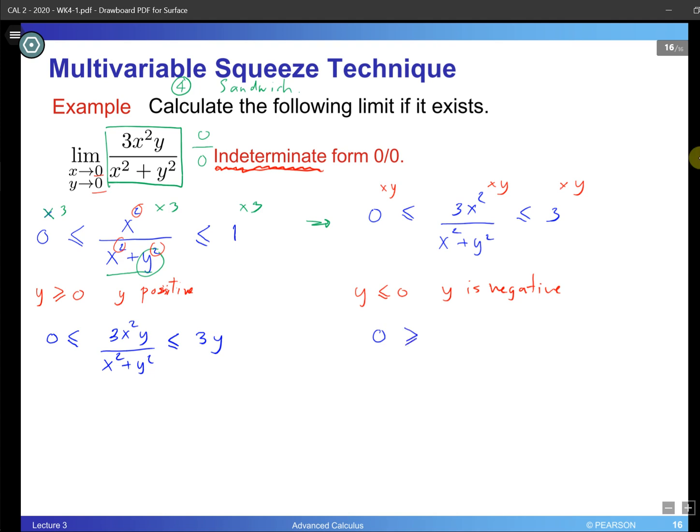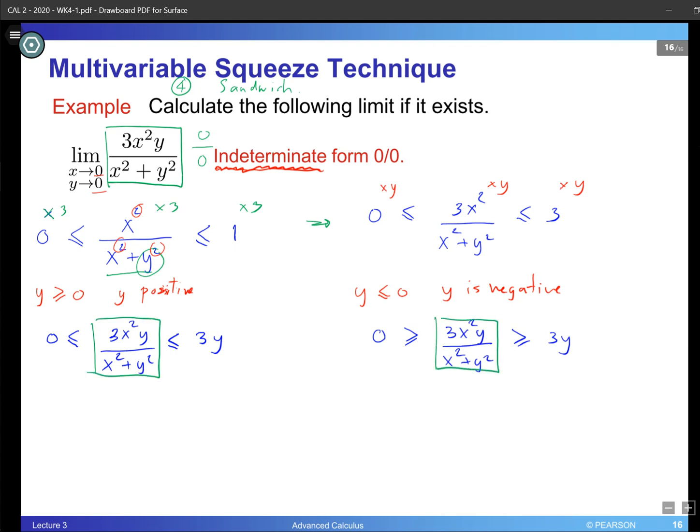And in the middle is going to be the same, 3x squared y divided by x squared plus y squared. And same thing here, the sign goes backward. And here we have 3y. Alright, now focus on this. This is exactly the same as the one in the example.